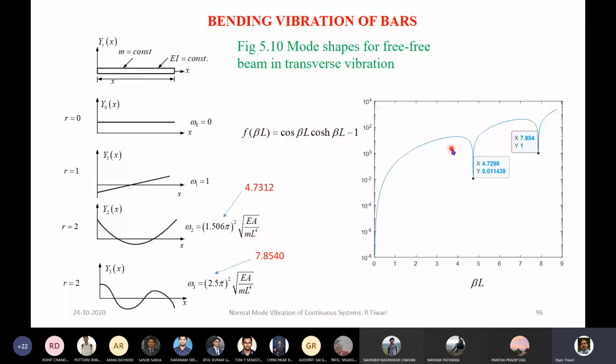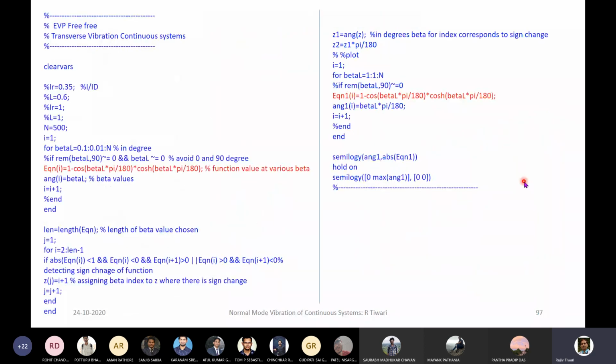We have 2 values, x and y, and we try to locate where these values have a minimum. That is the algorithm in the code to locate this position, and it then gives the roots directly and plots them.